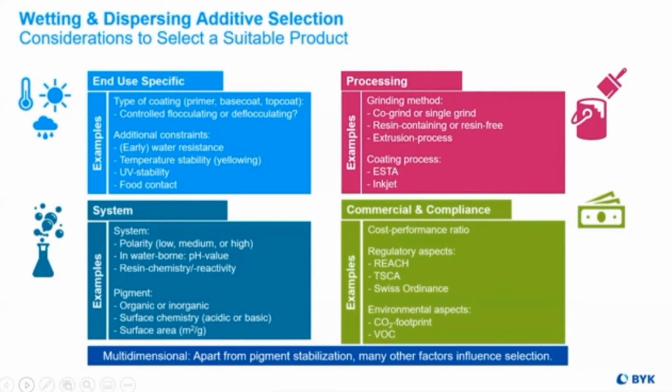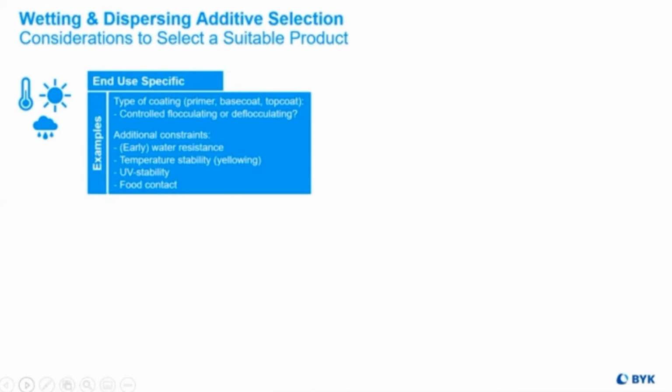And then the environmental factors. Obviously, the move away from chrome and lead-based pigments sparked another movement in environmental ideas. And then last but not least, seeing an interest in end use specific ideas, right? Whether something was a base coat or a top coat or OEM or refinish, all of those things really started to meld in a way that enhanced our ideas of what wetting and dispersing additives could be.